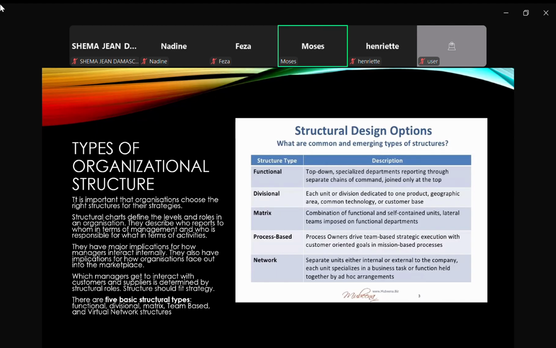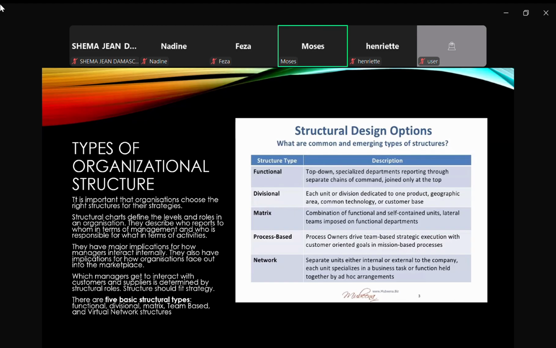Because of time, I'm not going to be able to explain everything, but you are supposed to go and understand these 5 structures: functional, divisional, matrix, process, and network. Usually, ICPAR examines on the first 3, usually. Not all the time, but usually.